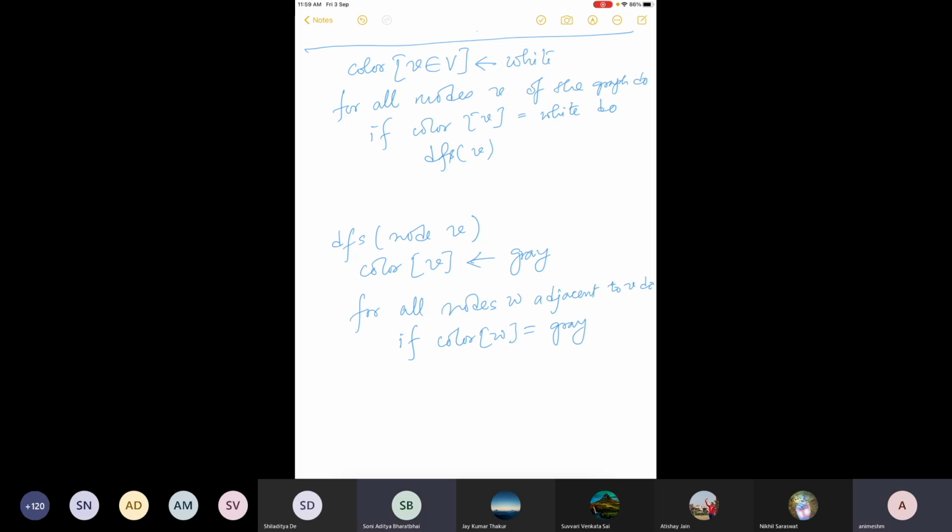That means we do not need to call DFS visit of W. But what does this mean? It will be a cycle, because both are currently in searching. Spit out: cycle found.